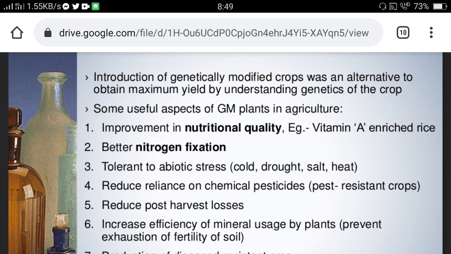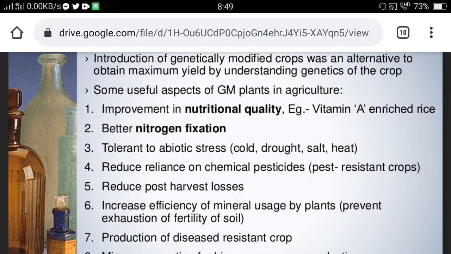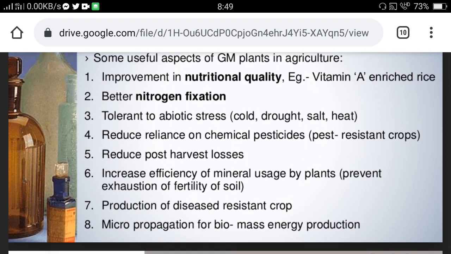Reduce post-harvest losses. Increase efficiency of mineral use by plants. Prevent exhaustion of fertility of soil. Production of disease resistant crops. If this is possible, then we can minimize the use of chemicals in agriculture. Micropropagation for biomass energy production.